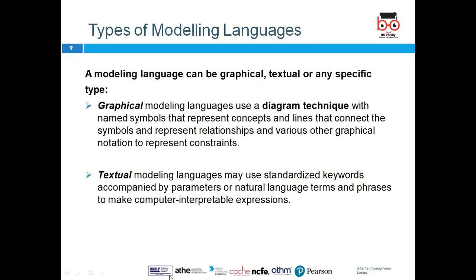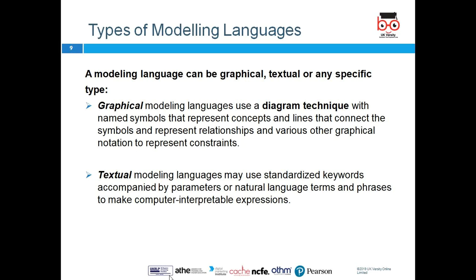Now, you answered quickly that the modeling language fits into the design, which is a phase of software engineering. It could be graphical, textual, or of a specific type.